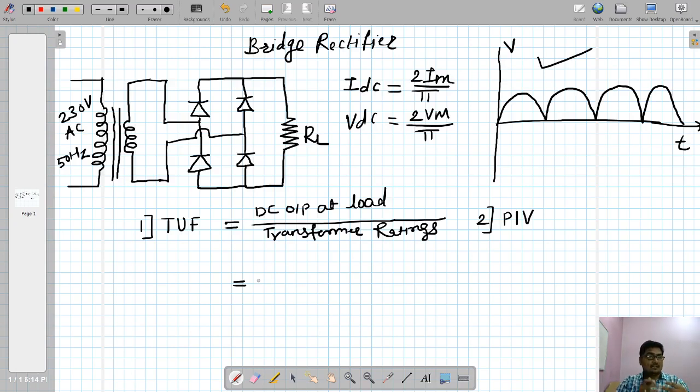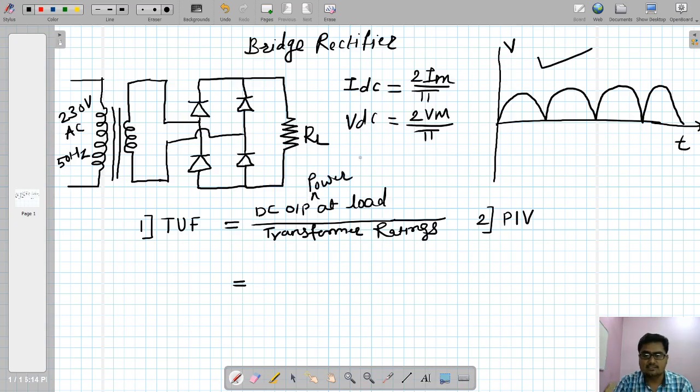Because if transformer ratings are there, it means current and voltage. So current and voltage form a power. We are calling it a power rating of a transformer. So obviously, if in the denominator I'm thinking about voltage and current, in the numerator, the DC output power, the word power must be there.